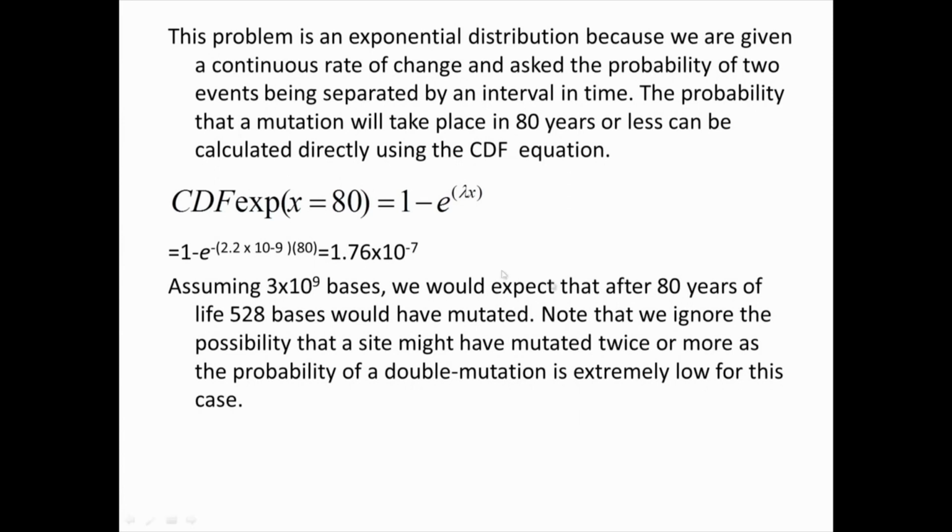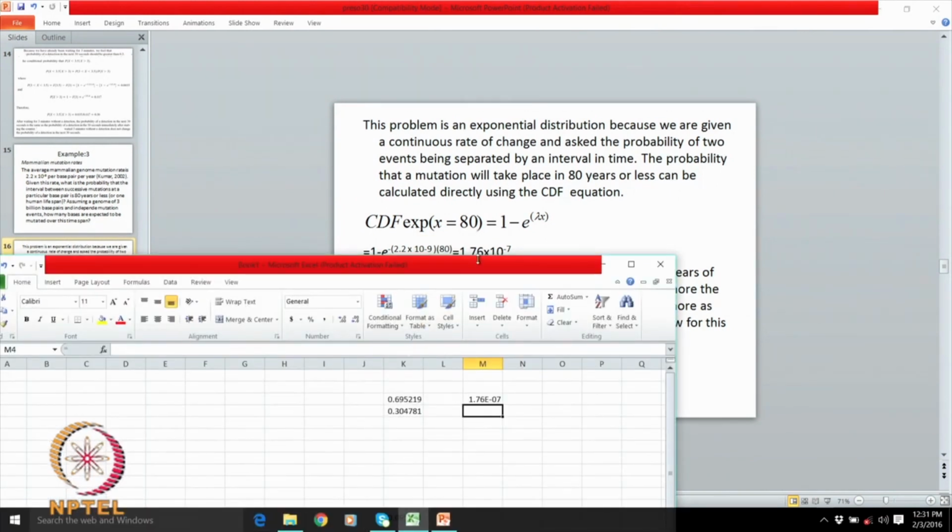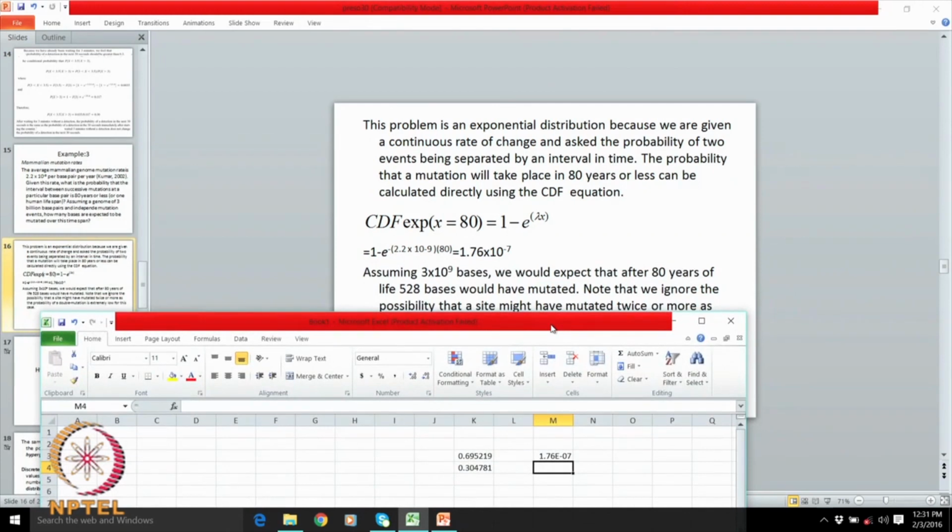Now, if you assume 3 into 10 power 9 as bases, then we would expect that after 80 years there will be 528 bases that should have got mutated. Do you understand how to do this? We multiply 3 into 10 power 9 by this particular term, and that will give you 528.